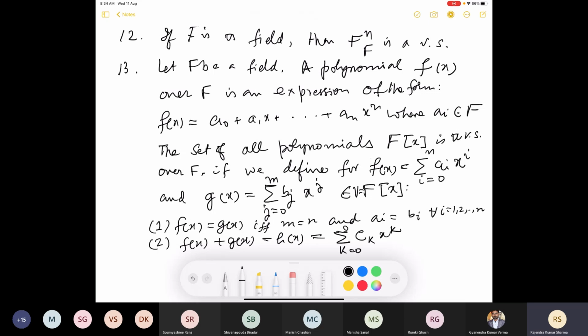Now here we depend on whichever is larger, so this will go up to r, where r is the maximum of m or n, and this ck is ak plus bk for all k from 0 to r.